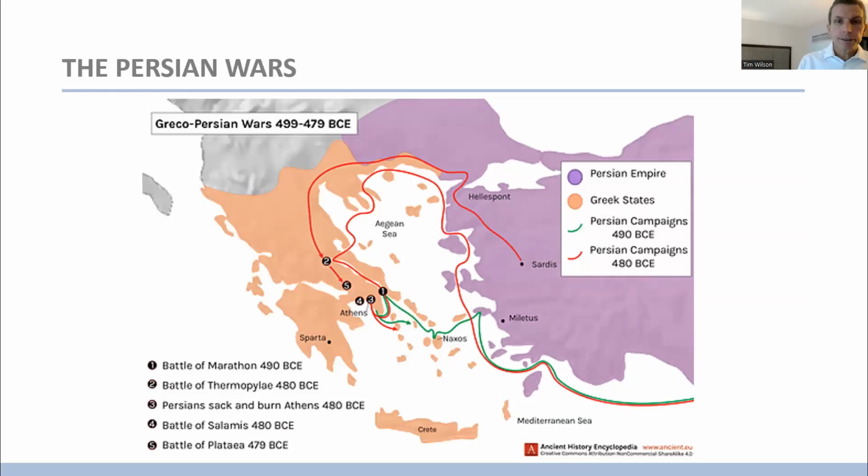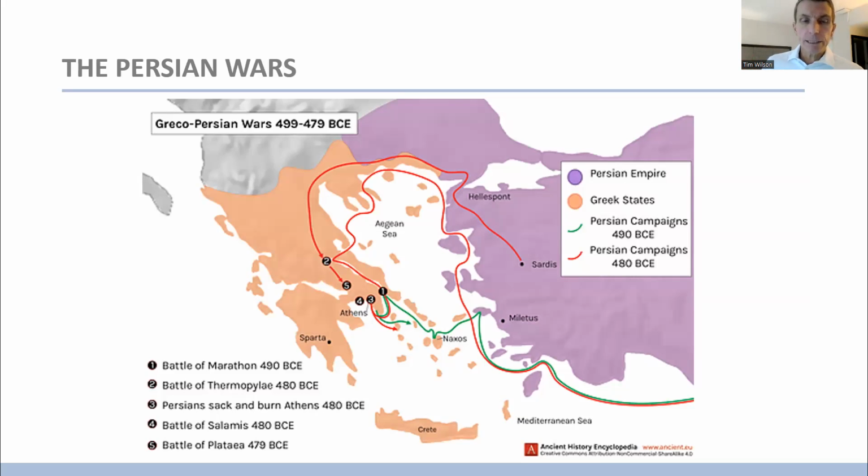So here's a map of Greece and Asia Minor, present-day Turkey, right? And we see here at a very high level the two Persian wars fought 10 years apart.